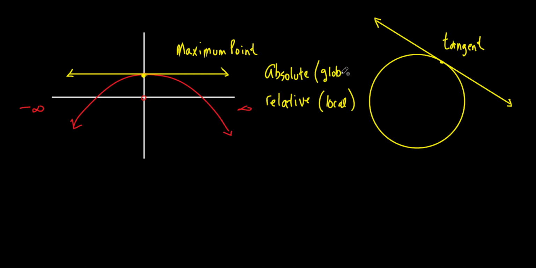So just in case you're searching for this stuff on critical points, and the person is talking about a global maximum and a local maximum, it means the same thing as absolute and relative. This book chooses to use the words absolute and relative, so that's what we use. But those are two other words you could use as well. It means the same exact thing.